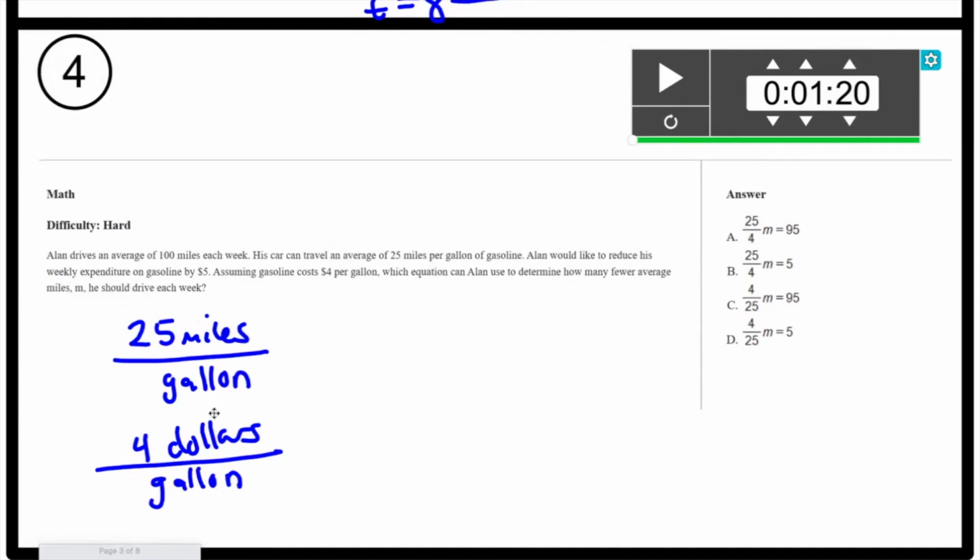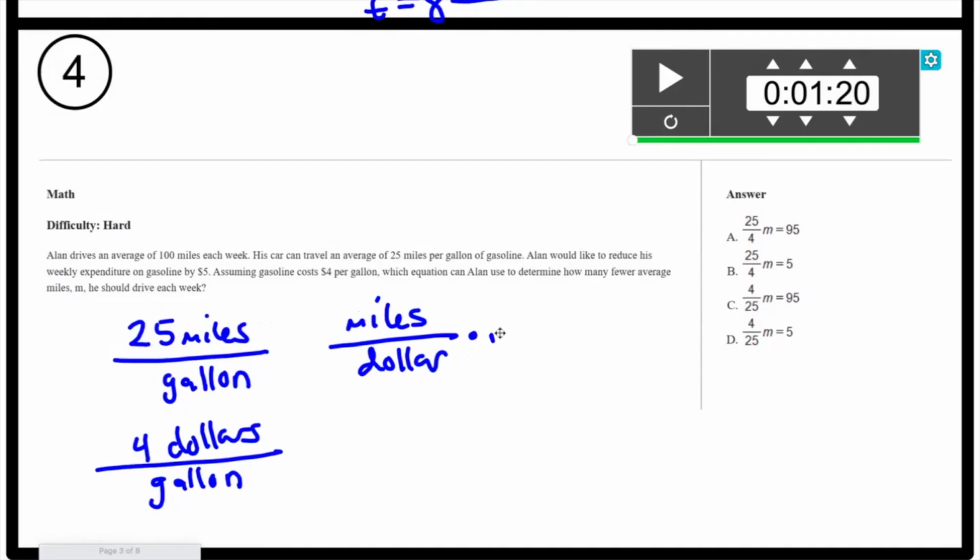So if we were to divide those like every answer is doing, then the gallons are going to disappear. Right. And if we were to do the 25 over 4, we would end up with miles per dollar. But then M is in miles.